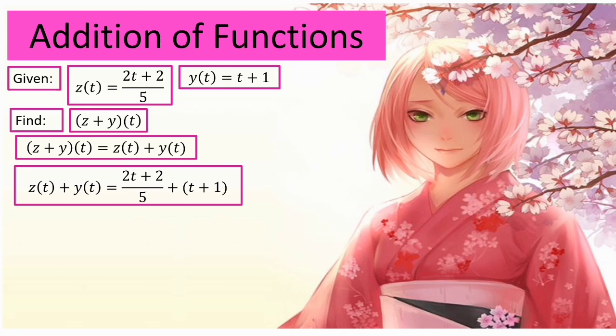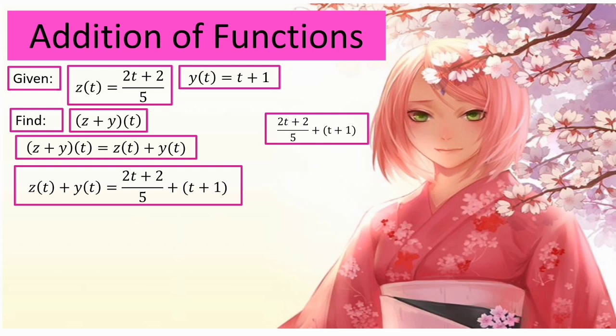Anong gagawin natin? Class, para lang tayong nagsosolve ng fraction. So, parang gagawin lang nating fraction yung t plus 1 natin. So, (2t plus 2) all over 5 plus the quantity of t plus 1. So, yung t plus 1 natin, kailangan lang natin siyang gawing fraction, pero hindi mababago.